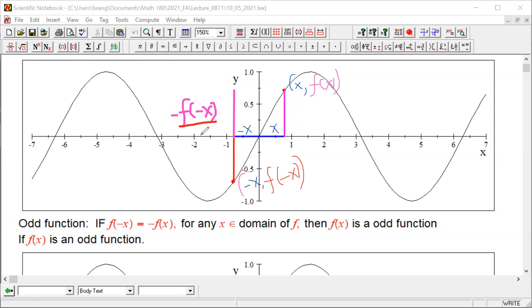Therefore, this guy is the same as f of x, which is here. So these two quantities are the same. Do you guys understand that illustration?